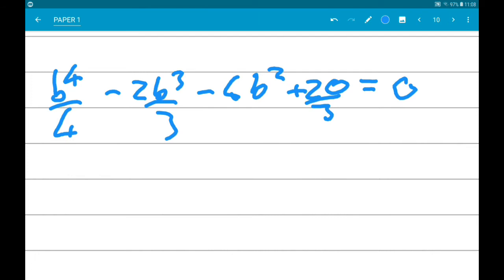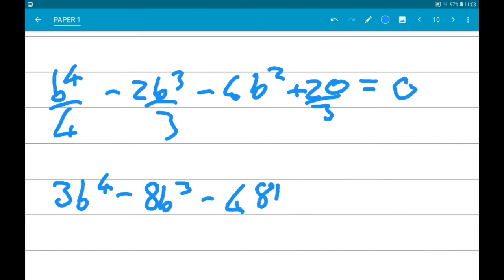So we're going to multiply through by 12. So that's going to give us 3b to the 4 minus 8b cubed minus 48b squared and then plus 80 is equal to 0.